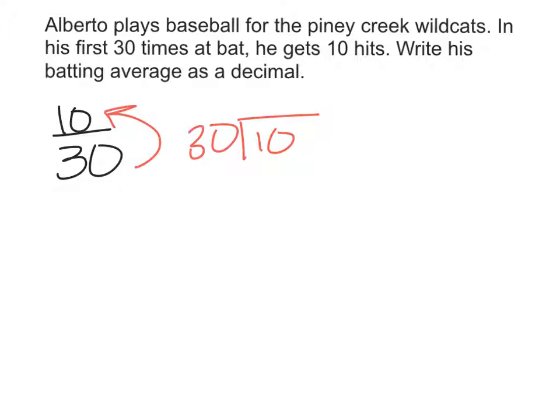Now 30 can't go into 10, so we have to add a 0, which means we have to add a decimal up top. 30 into 100 is 3 times. 30 times 3 is 90, which leaves us with a remainder of 10. And 30 can't go into 10, so we have to add another 0.